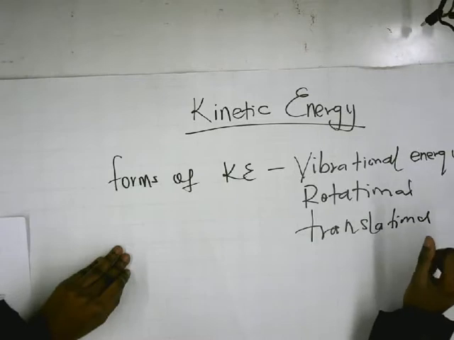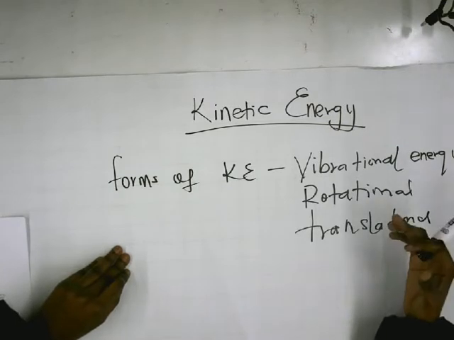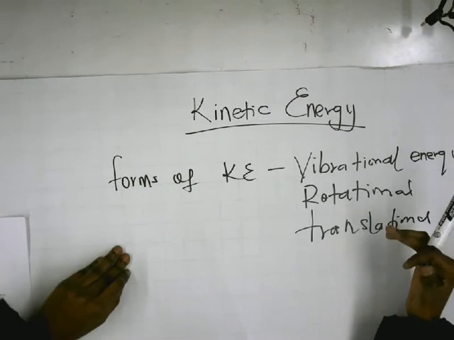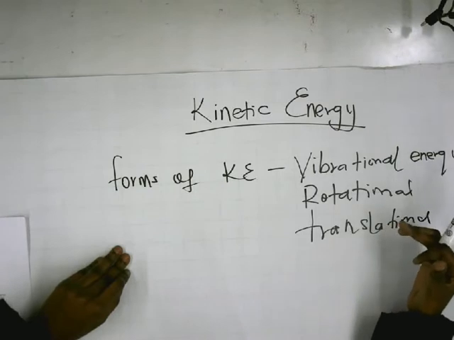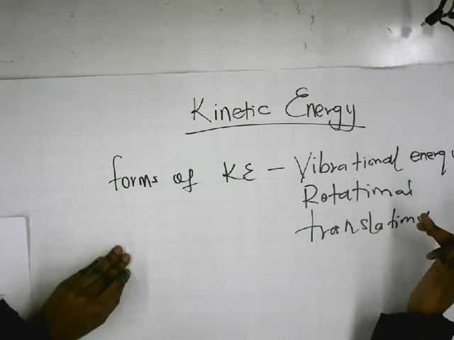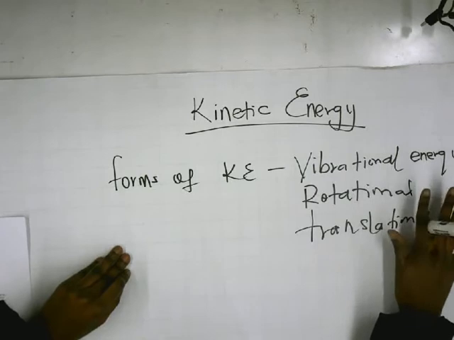To keep matters simple, we will focus upon translational kinetic energy. From here on, the phrase kinetic energy will refer to translational kinetic energy. The amount of translational kinetic energy that an object has depends upon two variables: the mass of the object and the speed or velocity of the object.